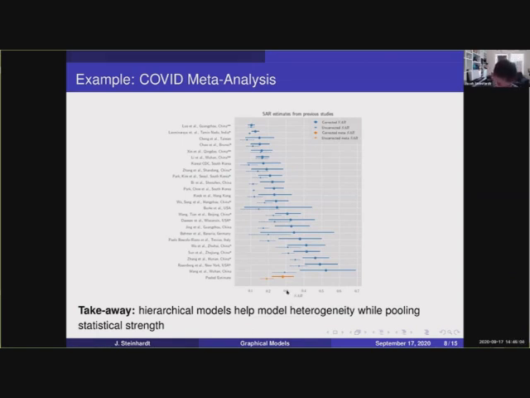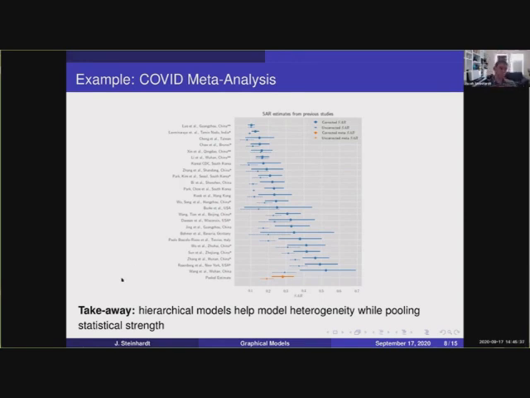We concluded that it was between 23% and 35% with pretty high probability. And actually several months later, there was a large scale study in the US that got a pretty consistent value. So this was a nice example of how a meta-analysis can get you something that's pretty close to the truth before you've done a super large scale study.